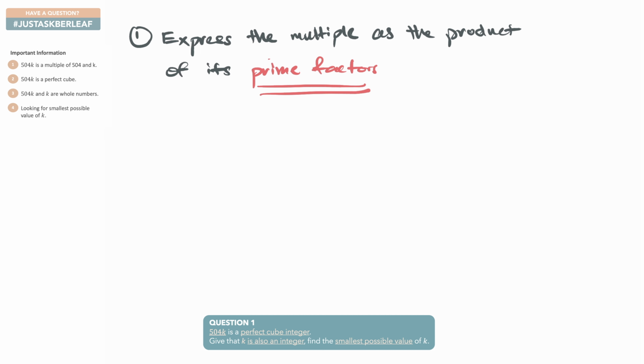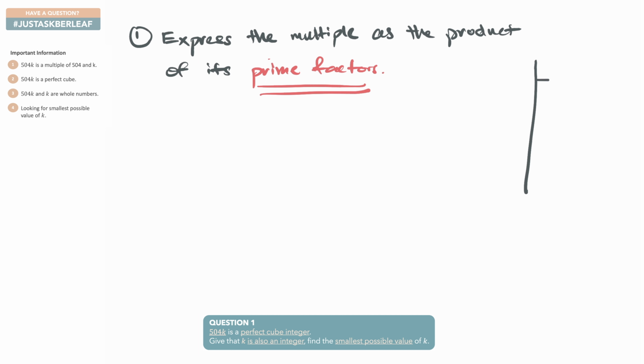So the multiple that we are referring to is 504k. Since k is already a factor that we can see in this multiple, we will first leave aside k and focus on breaking down 504 using the prime factorization method, which is also known as the ladder method.